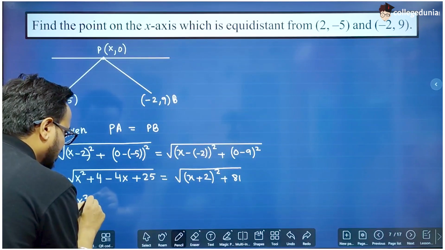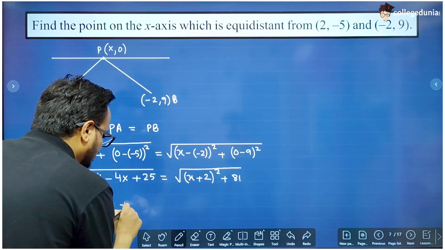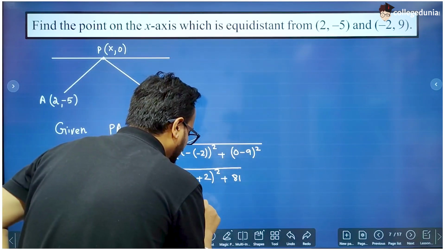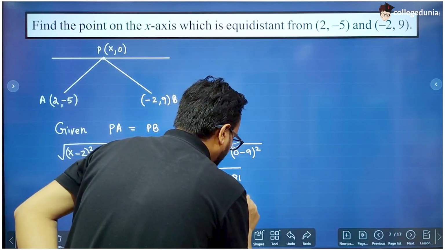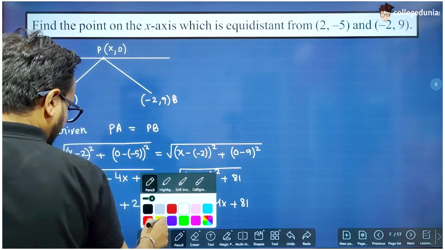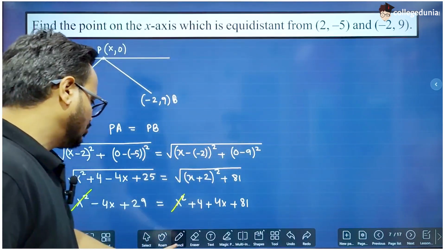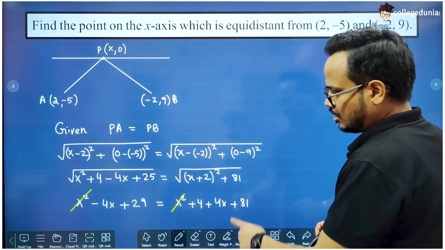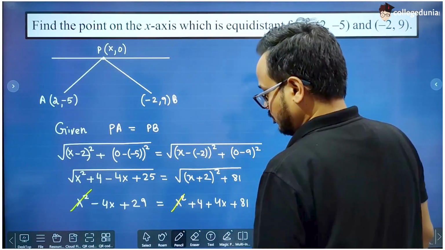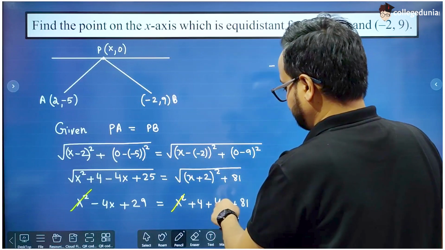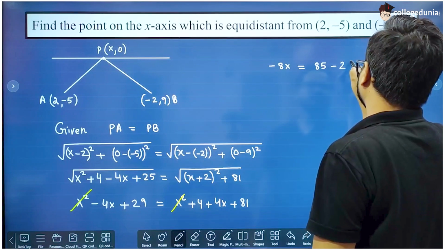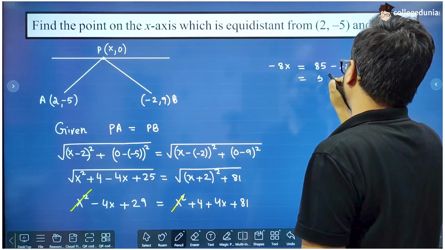Now squaring both sides, the root is gone and this becomes 25 plus 4, that is 29, and this becomes x square plus 2 square 4 plus 4x plus 81. Let us remove the x square also. Taking this 4x on that side, this becomes minus 8x equal to 81 plus 4, that is 85, minus 29, and that is 56.